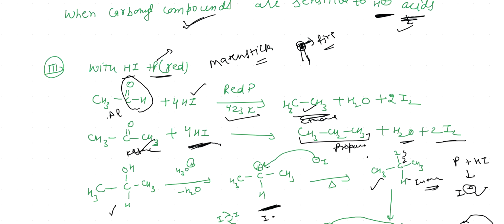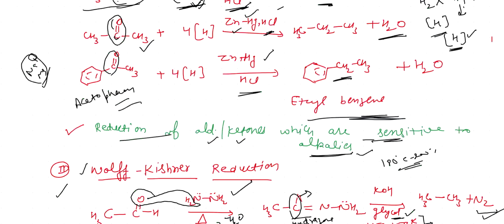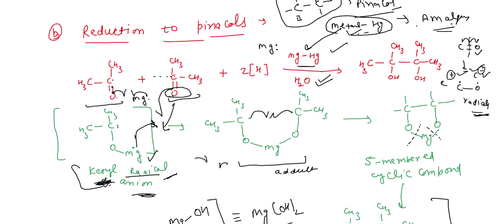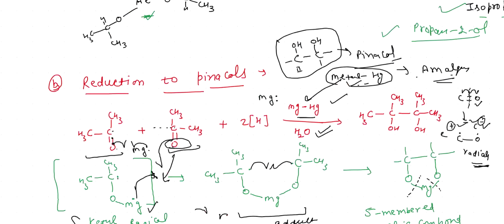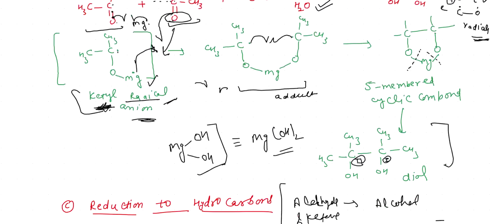In reduction reactions, we get alcohols from aldehyde and ketone using nickel, palladium, platinum as catalyst in the presence of molecular hydrogen, and using some other reagents such as sodium borohydride and lithium aluminium hydride. The second one is reduction to pinacol, in the presence of alkali amalgam. The third one is reduction to hydrocarbons.